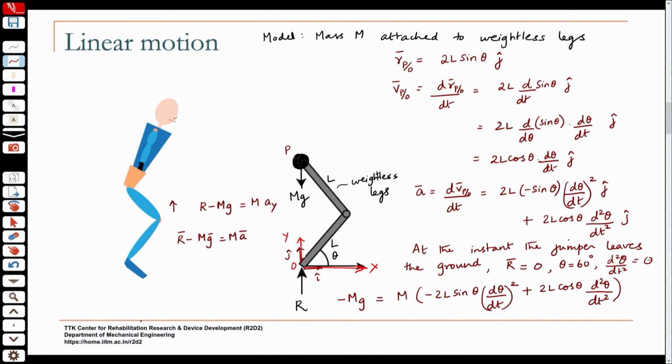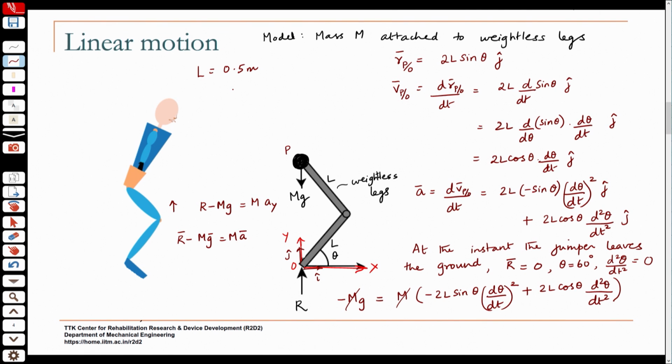Let us say d theta by dt is changing uniformly, so d square theta by dt square is 0. Let me give you L as 0.5 meters. Actually m will cancel out on both sides, so it does not matter.